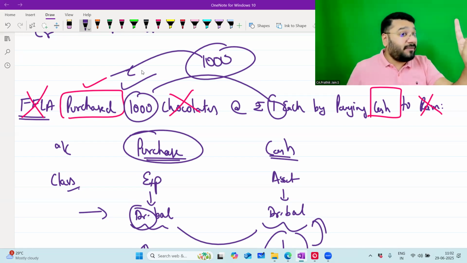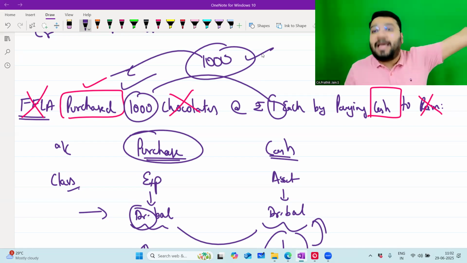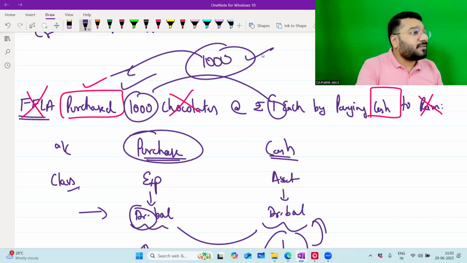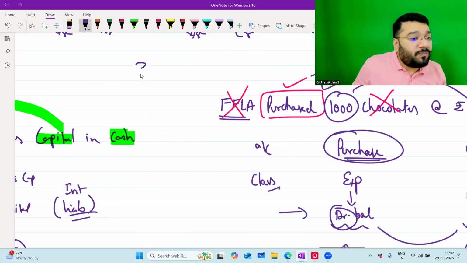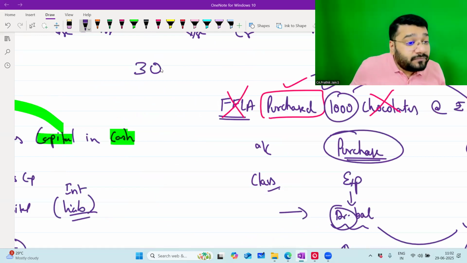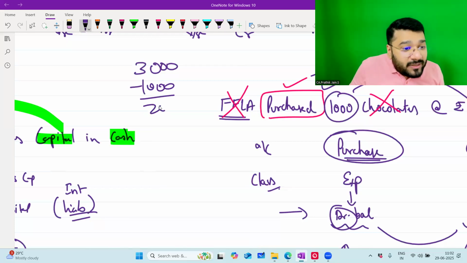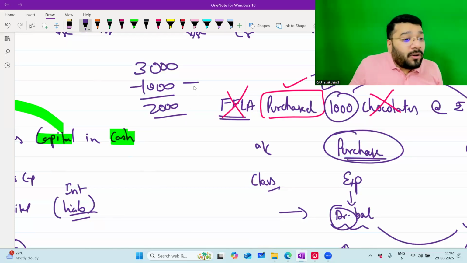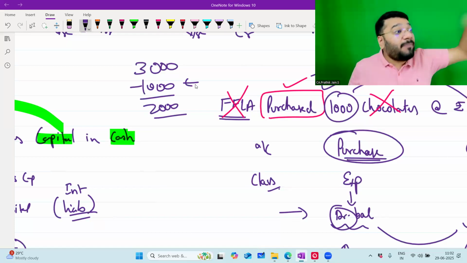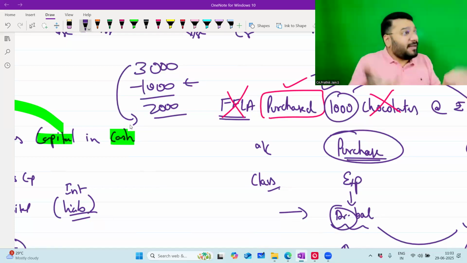The income tax department says that if you sell these 1000 chocolates for 3 rupees each, what is my total income? 3000. To earn this 3000 rupees, how much money did you spend? 1000. So the balance 2000 is your profit. So with the help of purchases, with the help of expenses, my income reduces. In reality, income reduced, no boss?